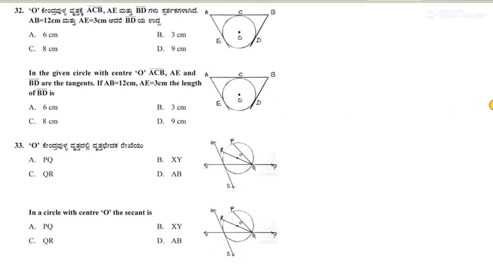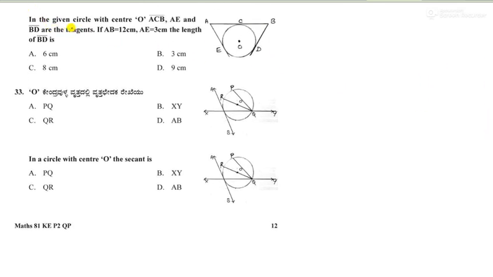Next, question number 32. In the given circle with center O, ACB, AE and BD are the tangents. If AB is 12, this total length is 12. AE is 3. Length of BD is how much?